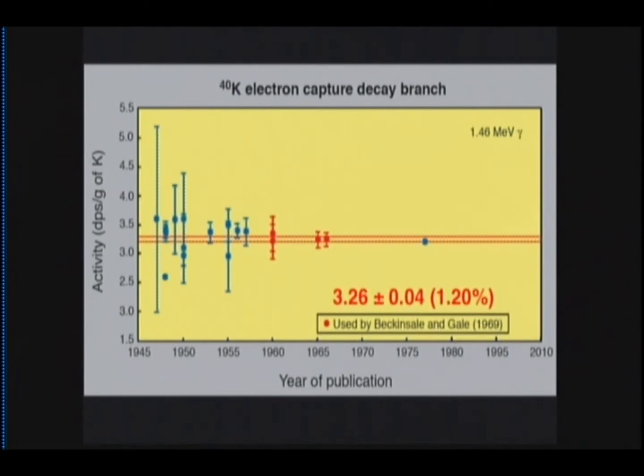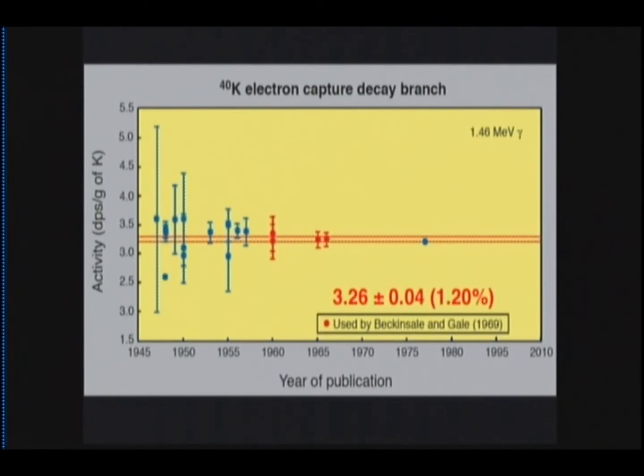And here you can see that they actually used only the most recent values. Oops. This measurement was made after this publication, so they can be excused for not including it. But they only included 4 of all these measurements, and this is the average value they got.